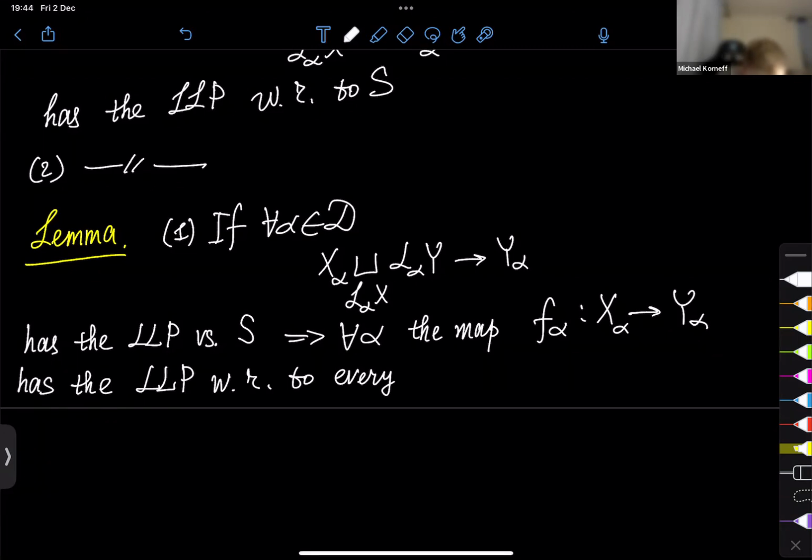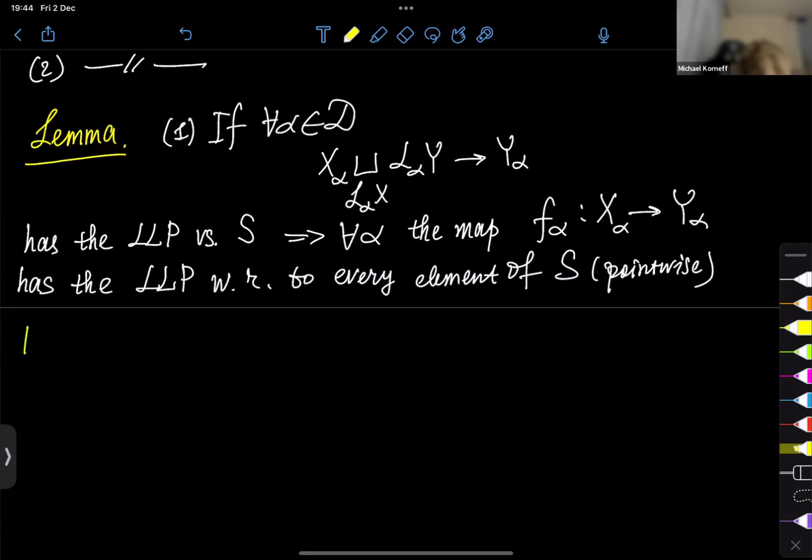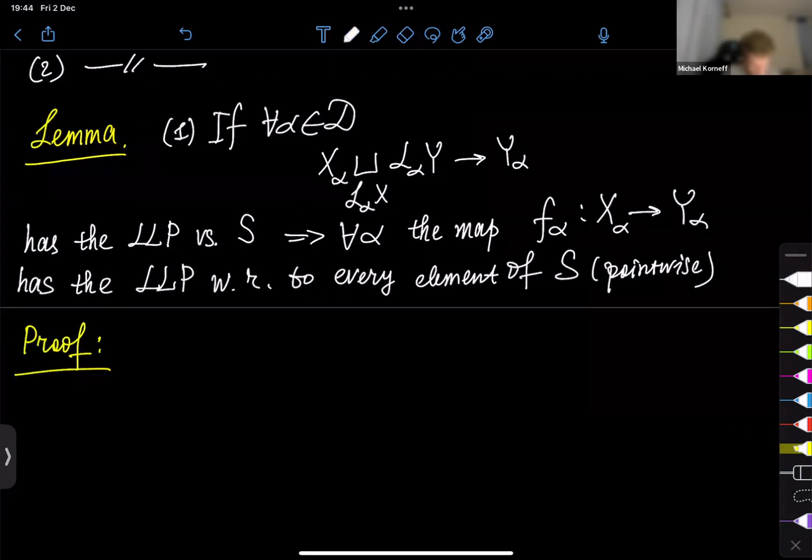Pointwise, of course. It's quite easy. We just decompose the map F alpha.